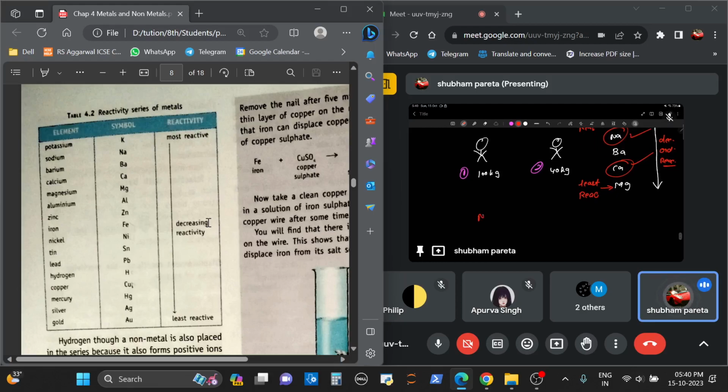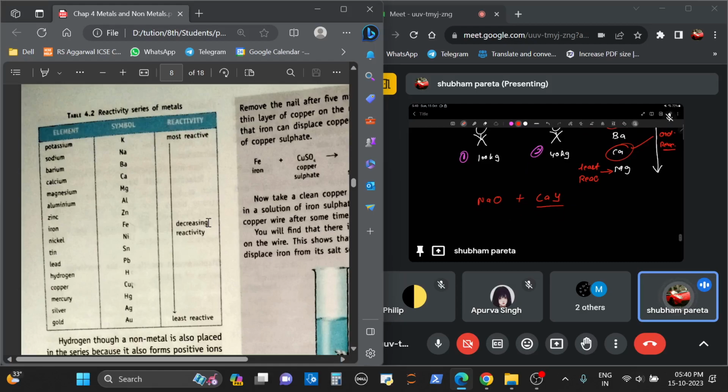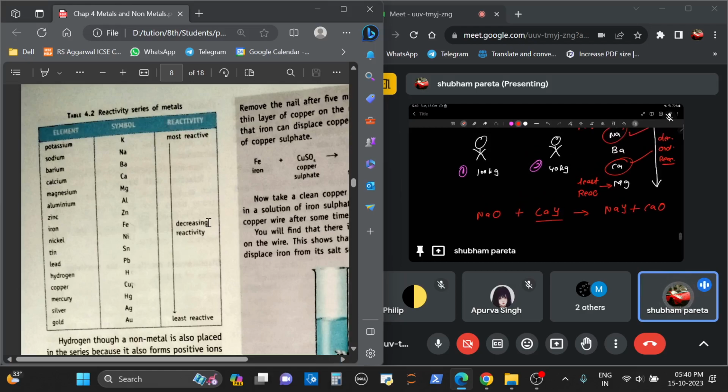For example, consider NaO plus CaY, where sodium is forming an oxide and Ca is with Y. Sodium gets connected with Y, and Ca connects with O. Initially on the reactant side, calcium is with Y and sodium is with O, but on the right hand side sodium is with Y and calcium is with O. So can I say Na takes the place of Ca, or Na replaces Ca from its position?